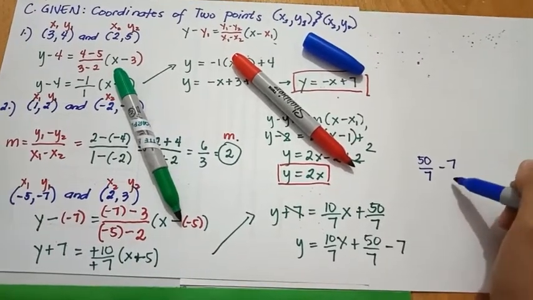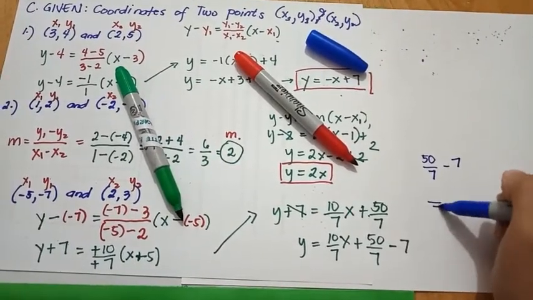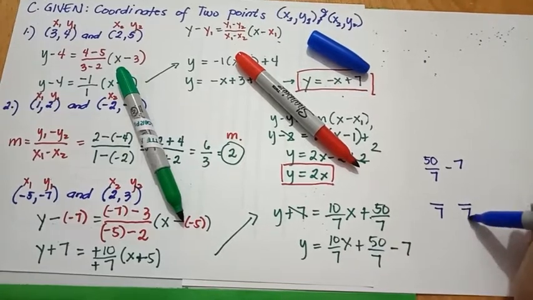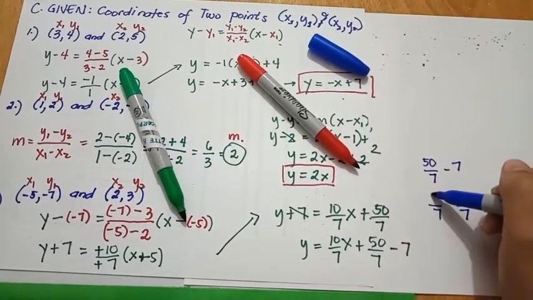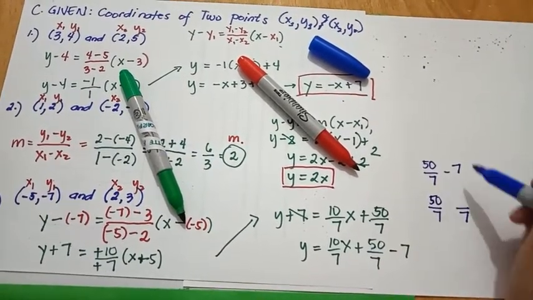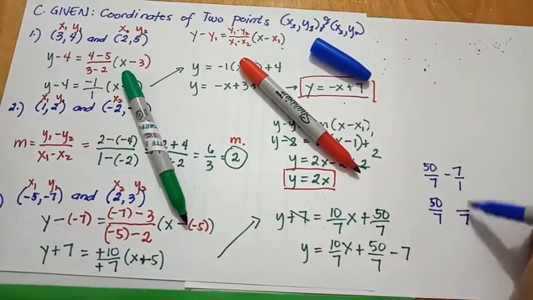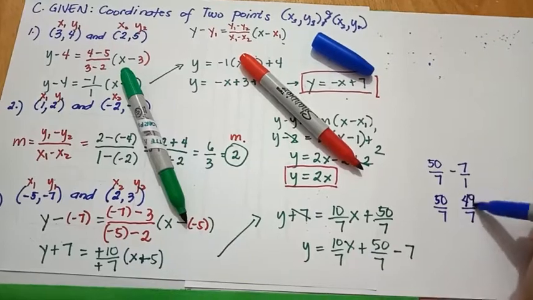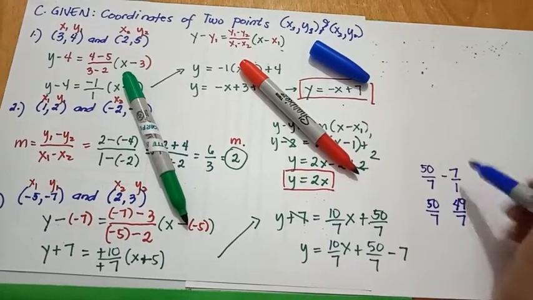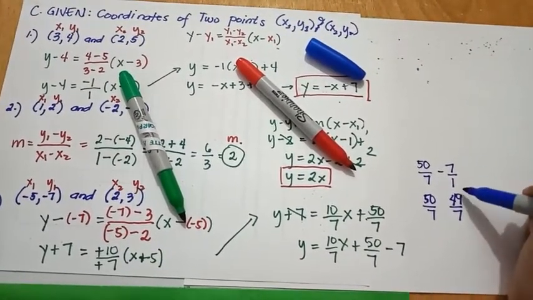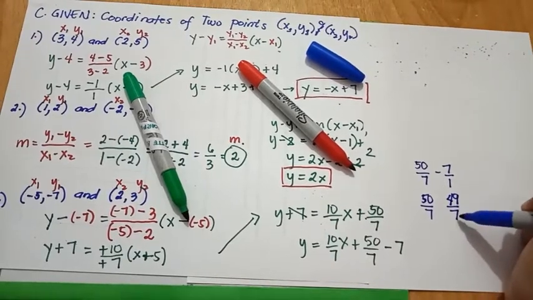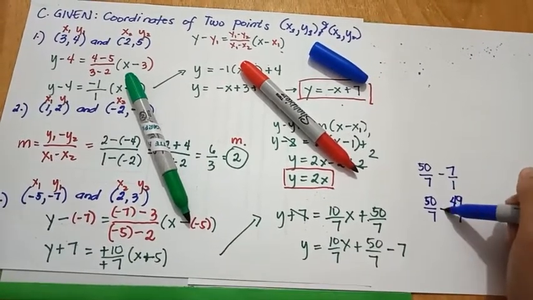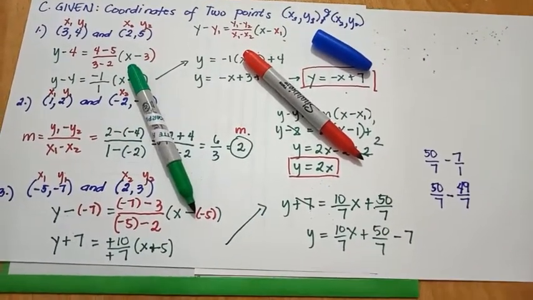Again, over 1 too, so the LCD will be 7. So 50 over 7 will stay as 50 over 7. And then 7 divided by 1 is 7 times 7 is 49. So we express 7 over 1 in higher terms, which is 49 over 7, and bring down the minus sign.